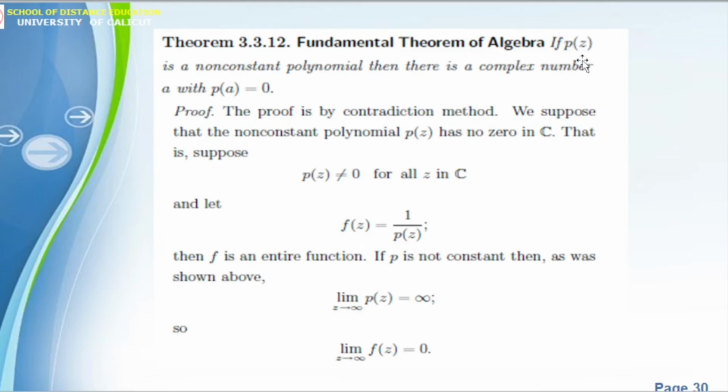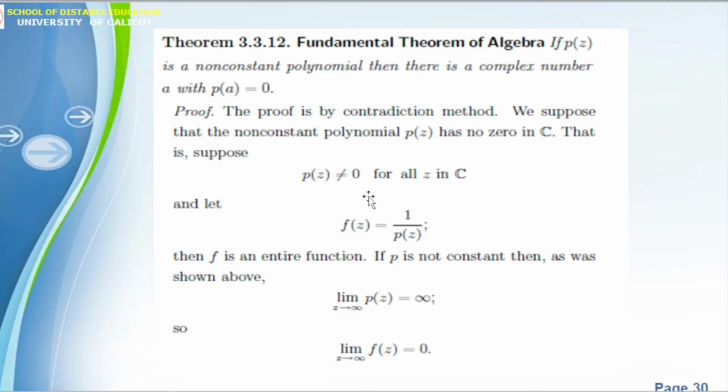We are doing this proof by the method of contradiction. We suppose that the non-constant polynomial p of z has no zeros in C. That is, p of z is not equal to 0 for all z in C.